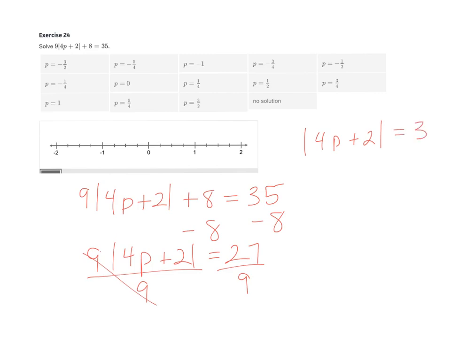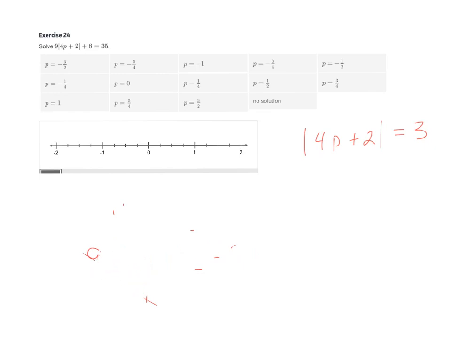Now I'm going to split it. Here is 1: 4p plus 2 equals 3. 4p plus 2 equals the opposite of 3, so that's negative 3.